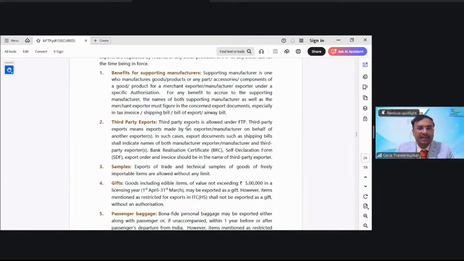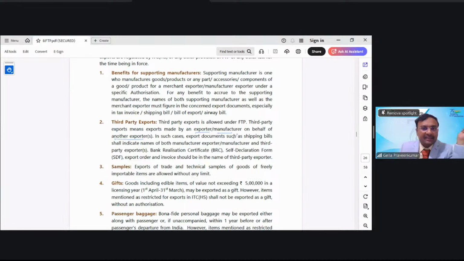Third-party exports. Third-party exports are allowed under FTP. Third-party means exports made by an exporter or manufacturer on behalf of another exporter. So I'm an exporter, or I myself am a manufacturer, but I'm exporting on behalf of another person.